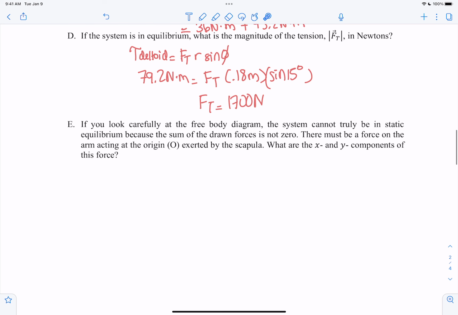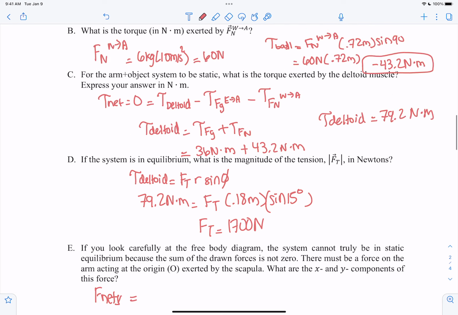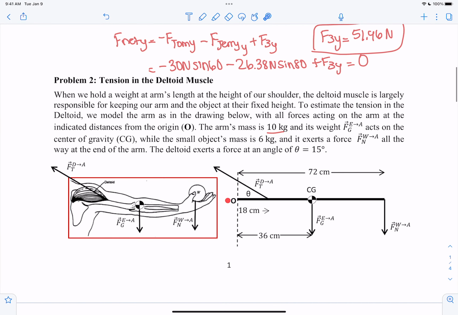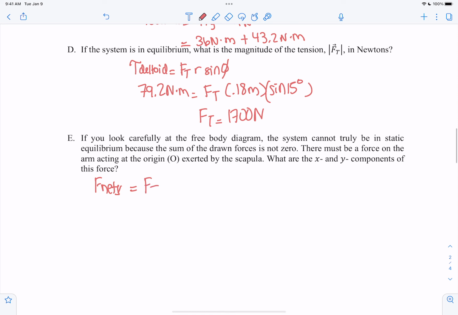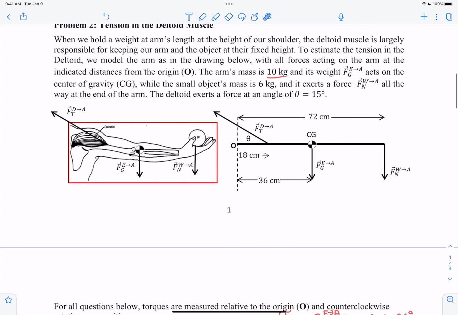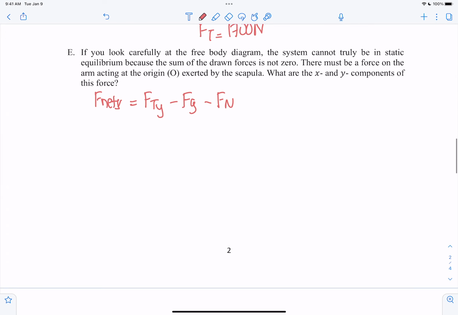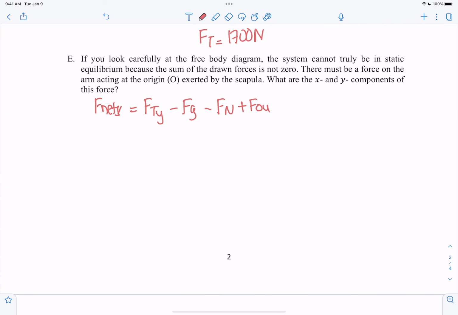So we know that in the y direction, F net y, we have F tension pointed upwards here along the positive y-axis. So Fty. We have an Fg and an Fn from the weight and the mass of the arm here. And then we have an unknown force at the origin, but those are all going to equal 0.